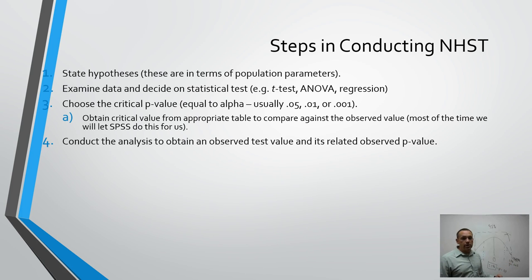Where would we place that 2.05? Well, if 1 is here and 1.96 is here, 2.05 is somewhere out here. Is it in this critical region, this shaded area? In this case, the 2.05 would be in this critical region, and so at that point, we would say that it is statistically significant. Okay, so that's sort of what we're looking at.